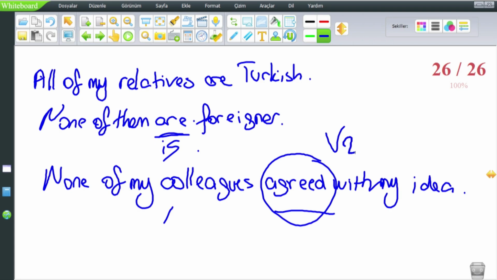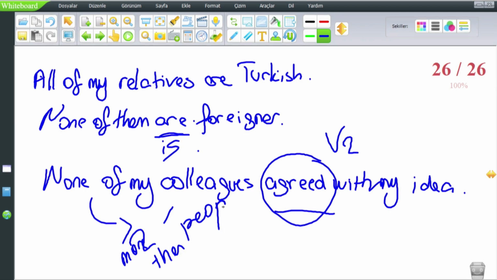Since my verb is used in the past, it's in verb 2, I don't have to change it because verb 2 is applied for all of our subjects. And again, I'm talking about more than 2 people, and none of them agreed with my idea.